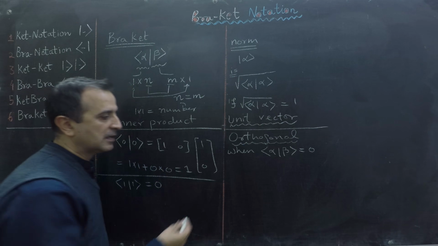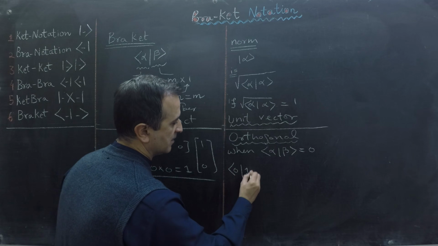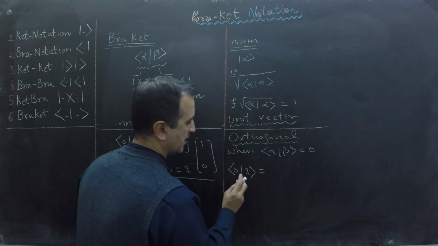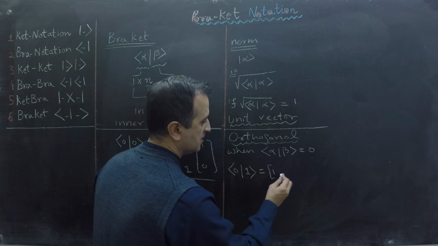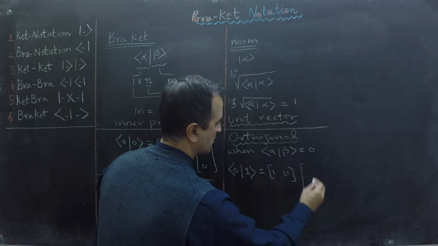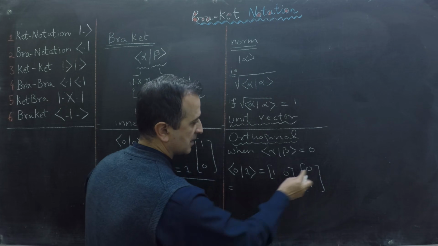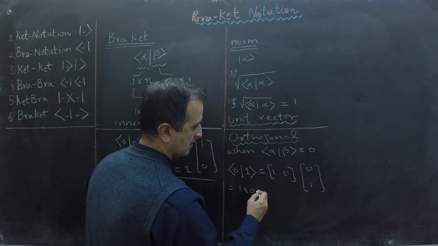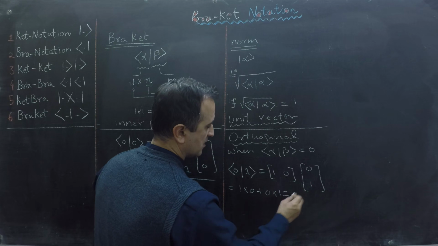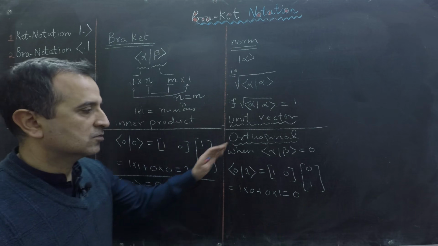Let's verify it quickly. So ket 0 inner product with ket 1 is equal to, first I have my row vector, so I will write here 1 0, and then this one is a column vector, so this will be 0 1, and my answer will be 1 times 0 plus 0 times 1, and that is equal to 0. So these are orthogonal vectors.